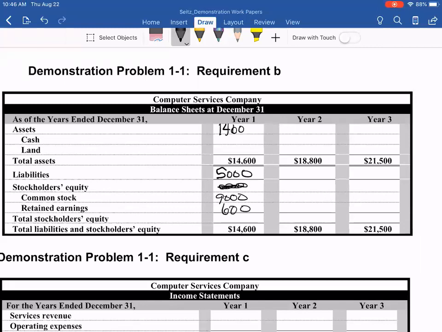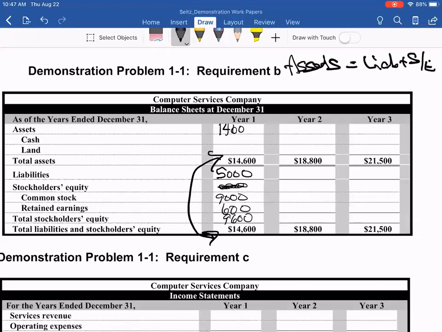So the total stockholders' equity is 9,600. If you add that to the liabilities of 5,000, that's where you're going to get your 14,600. These should always match, because assets equal liabilities plus stockholders' equity. Those numbers on your balance sheet should always match. So there's my very first balance sheet.